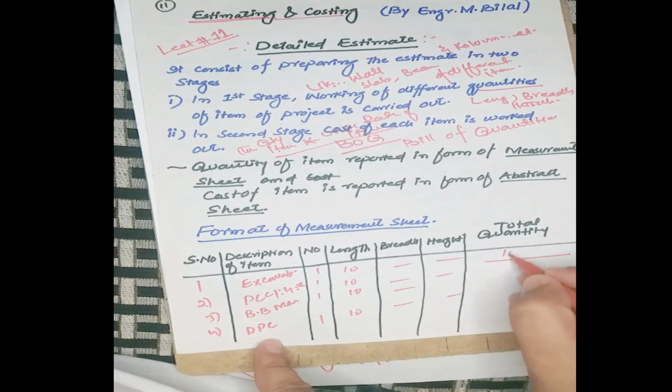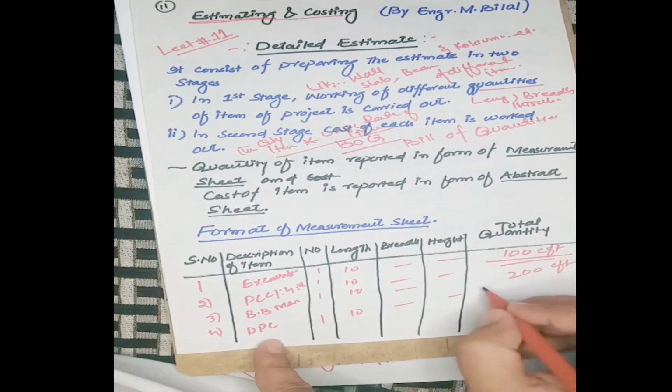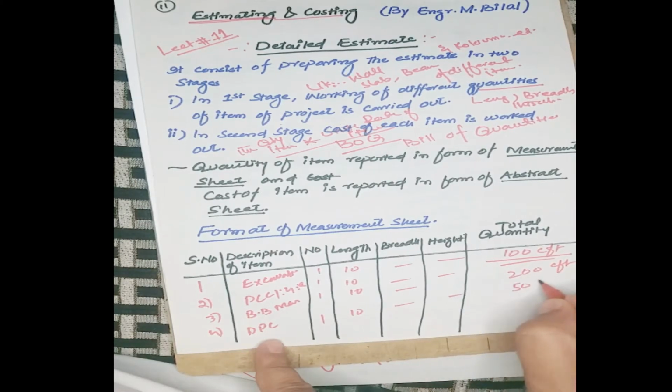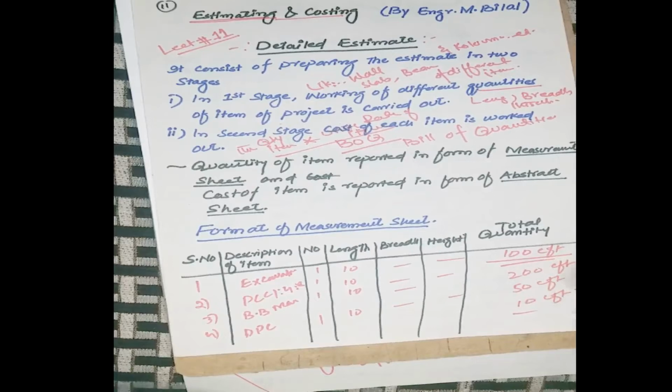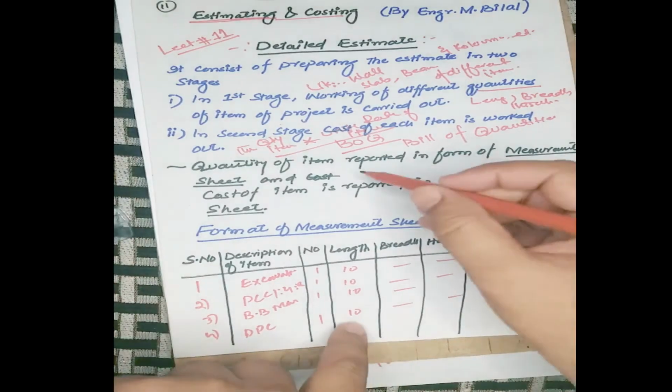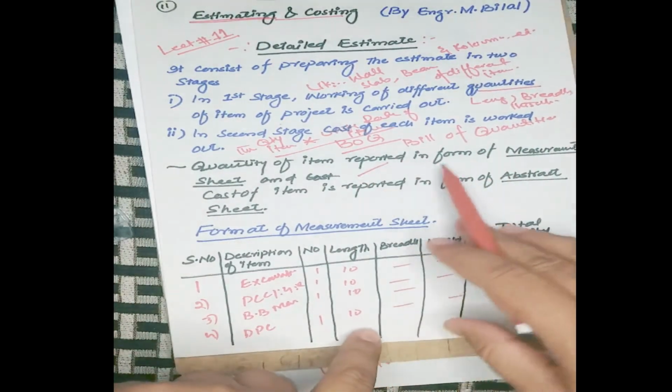Let's suppose here it is 100 CFT, this one is 200 CFT, this one is 50 CFT, this one is 10 CFT. So these are called the measurement sheet. So at the first stage we prepare the measurement sheet.